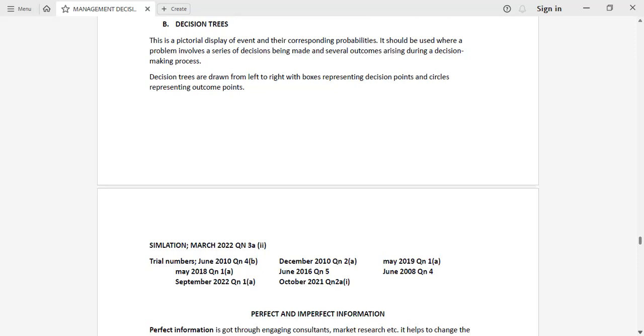Most of the exam questions are going to be about this decision tree, because it gives a pictorial view, in other words, a pictorial display of the events and their corresponding probabilities. So this is just going to give you a highlight of what we are trying to achieve at the end of the day.